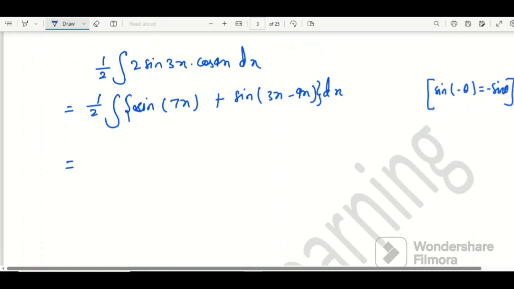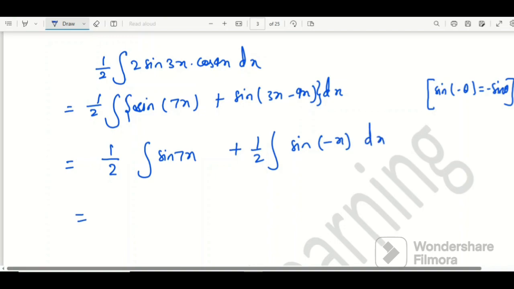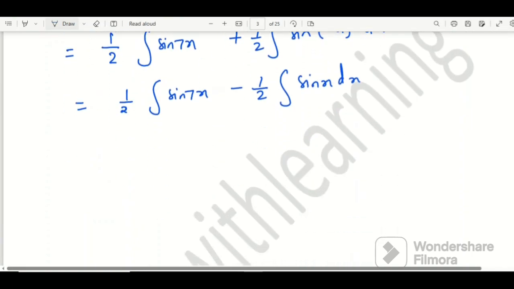So now I'll separate these two functions into two different integrations. I will get integration 1 by 2 sin 7x plus 1 by 2 integration sin 3x minus 4x, it will be sin minus x dx. 1 by 2 integration of sin 7x minus 1 by 2 integration sin x dx, because sin minus theta equals minus sin theta.